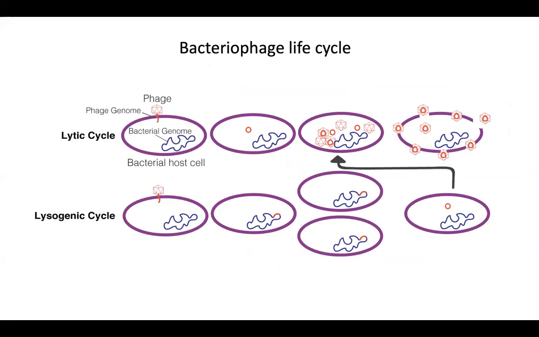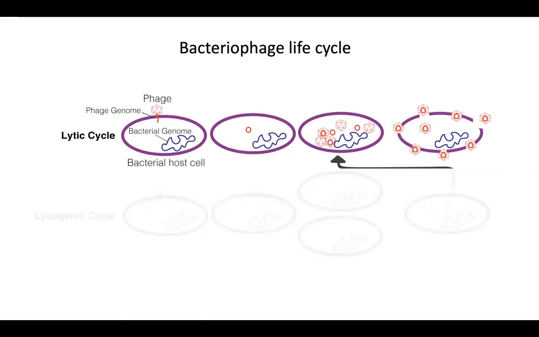A little bit about the bacteriophage life cycle. They can have two different kinds of cycle. A lytic cycle, where a phage infects a bacterium and right away forces the cell to produce more phage and then lyses the cell, and the cycle continues. Or a lysogenic cycle, where the phage infects the cell, gets integrated into the genome, and lies dormant there for potentially many generations, until an activating event sends it back into the lytic cycle.